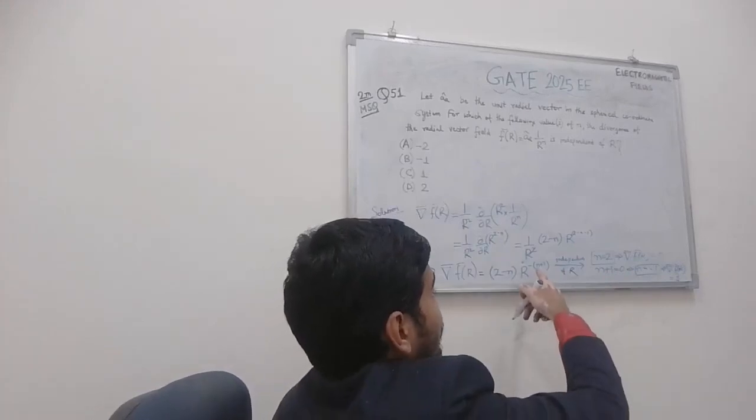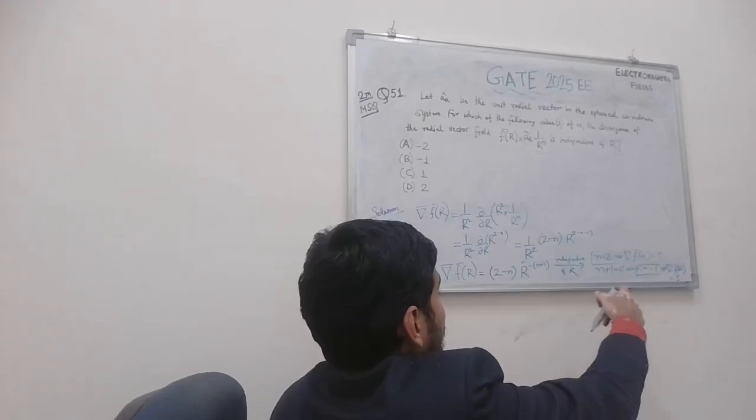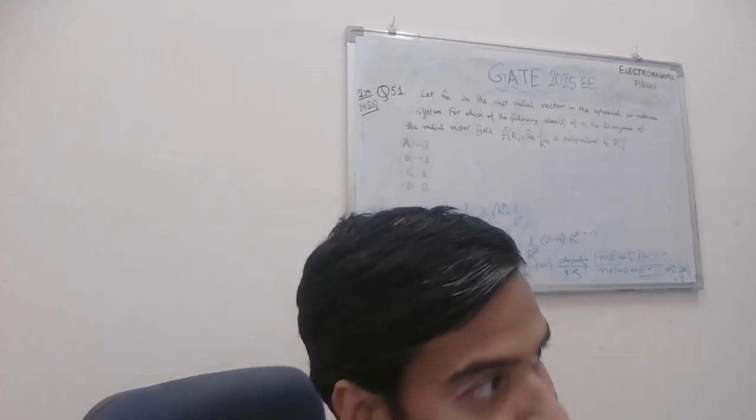And if n equal to minus 1, you will get divergence 3. That is also independent of r.